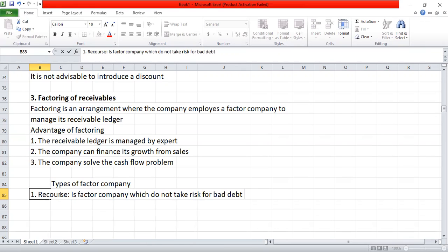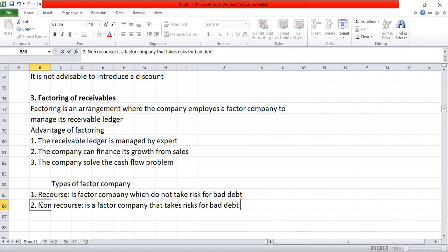Then a non-recourse is a factor company that takes risks for bad debt.